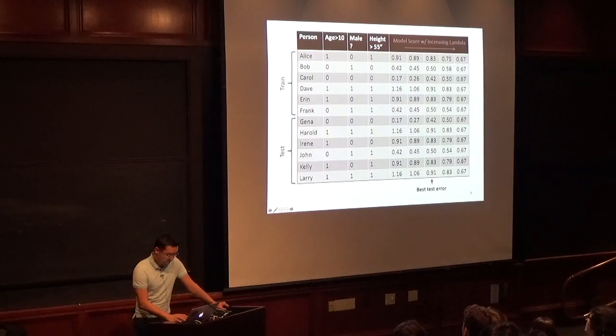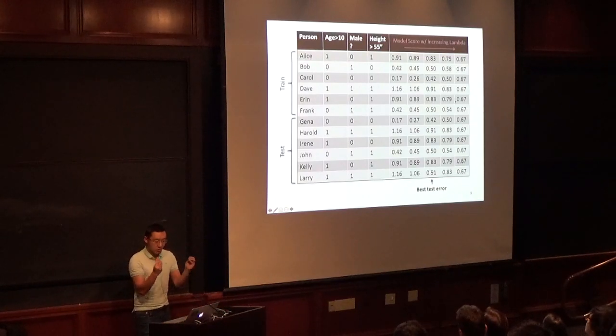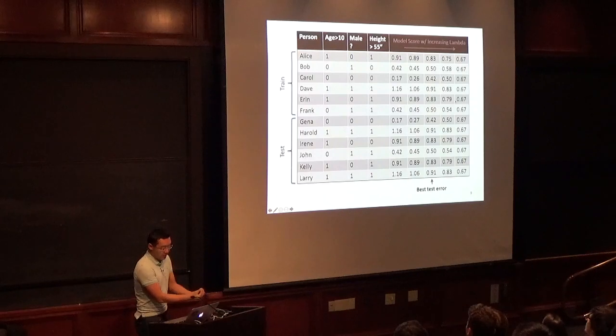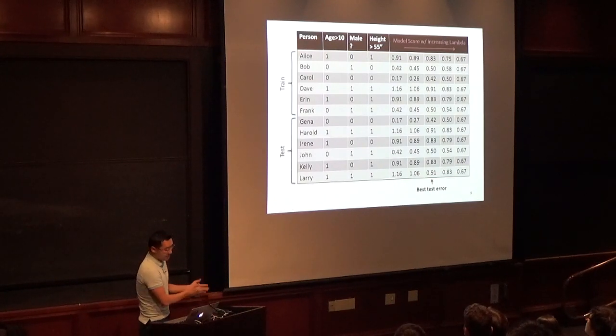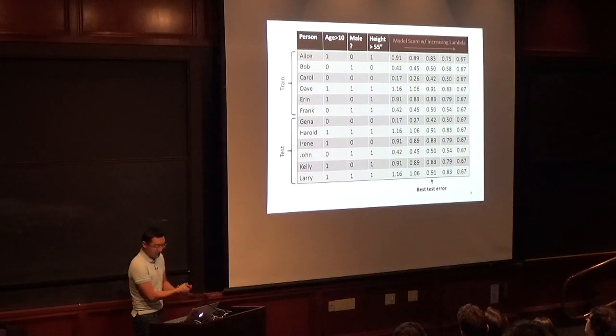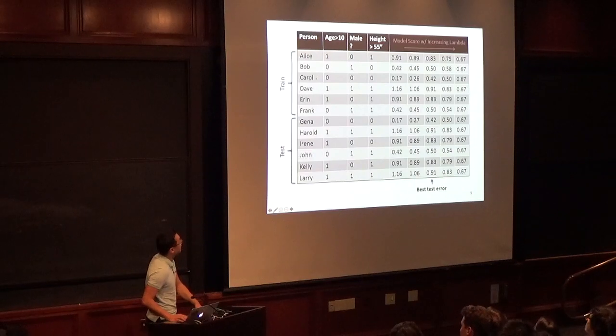So what I'm plotting here, in these 5 columns on the right, is the score of the linear model that you've trained on these examples, these 2 binary feature examples. And again, this column is the target label. The first column is just a name and serves no purpose in this example. But these 2 columns are the 2 features.